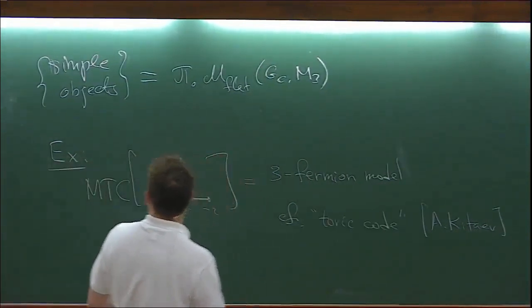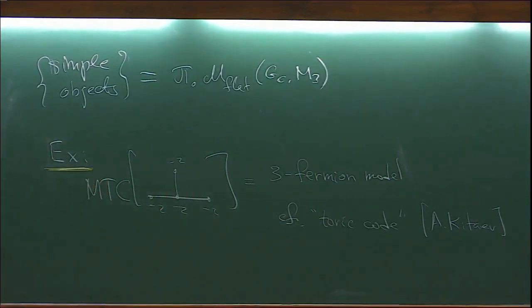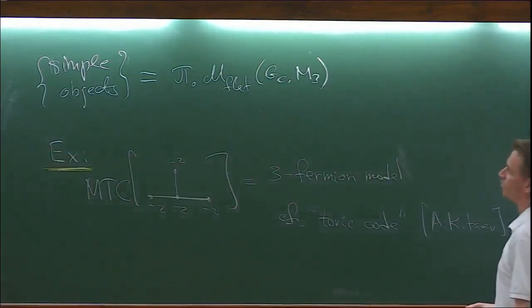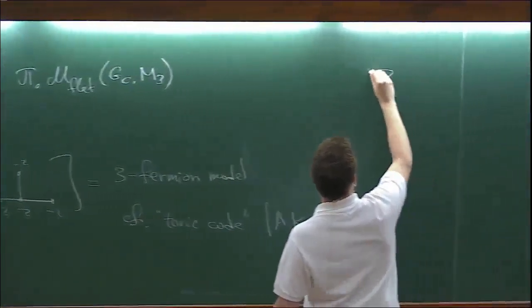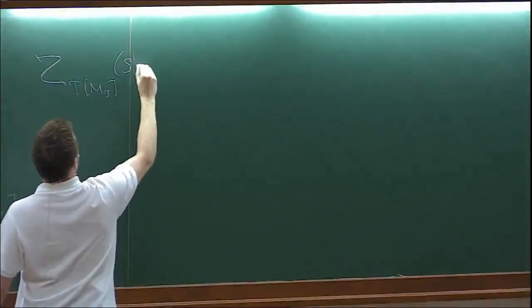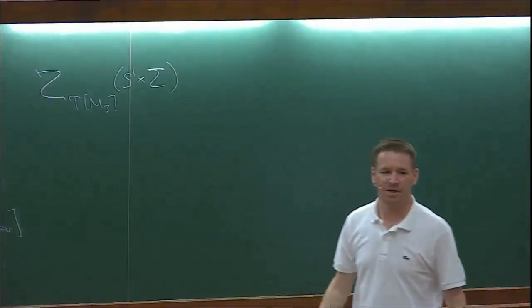And finally, if you still prefer working with numbers or concrete formulae, as we did in this table 2: what table 2 produces for you, given a three-manifold, is some partition function of this theory T of M3 on S1 cross sigma, where sigma can be, in principle, any Riemann surface.